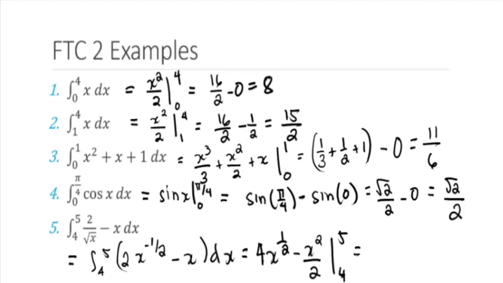If we perform this correctly, this is 4 square root of 5 minus 25 over 2, minus 4 times square root of 4, that is 8, minus 16 over 2, that is also 8. So, minus 0 only. So, the final answer would be 4 square root of 5 minus 25 over 2.